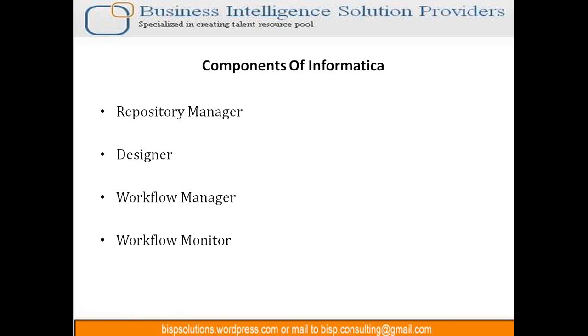That includes the definition of the source and the target, meaning the columns and the primary and foreign keys. In the same way, for the target we can define the primary keys and other key attributes. We do all that in the designer. Here we are provided with different kinds of transformations which we use for filtering and routing the data. If you want to look up data, that is also done in the designer itself.